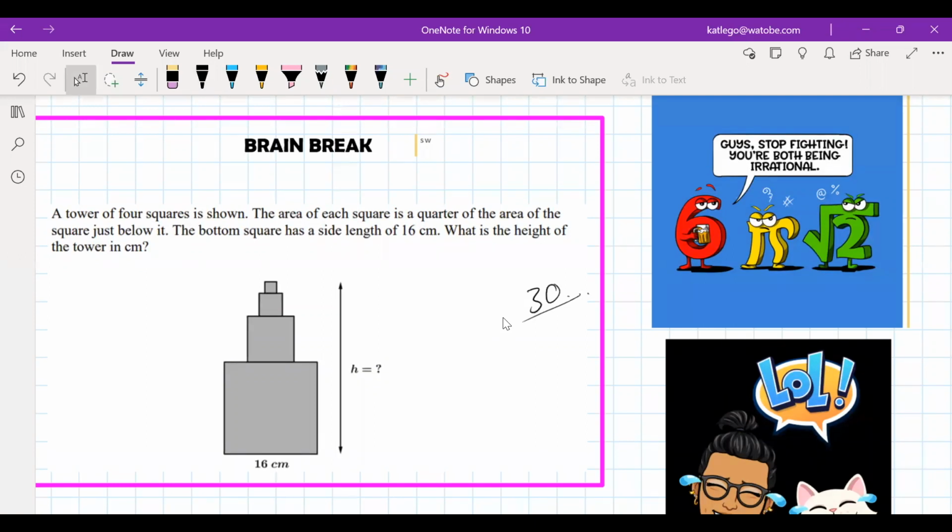Ma'am, aren't you supposed to divide by 2 for each one, and then add the answers you get? Why did you divide by 2? Tell everyone why you divided by 2. Because isn't it the quarter of the area of the square just below, and each square is not 16 centimeters.